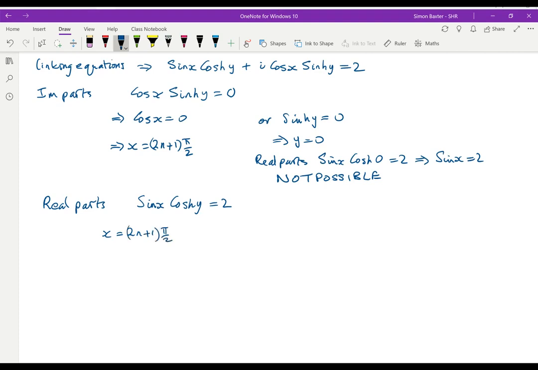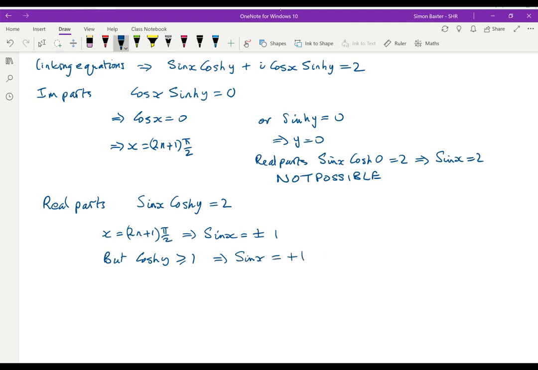Sin pi by 2 is plus 1, sin 3 pi by 2 is minus 1, etc. And therefore sin x is plus or minus 1. But cosh y is greater than naught. That's actually greater than or equal to 1. And therefore sin x has to be plus 1.